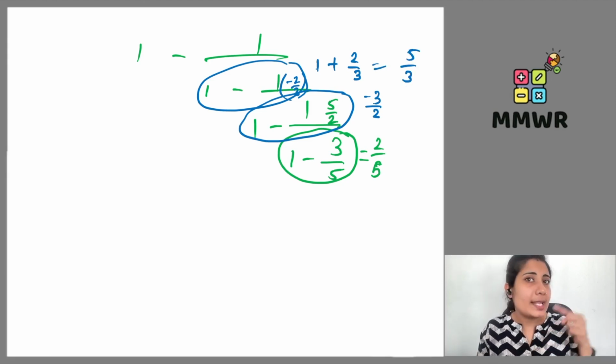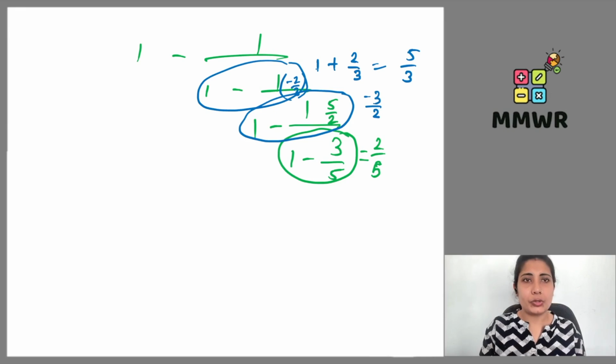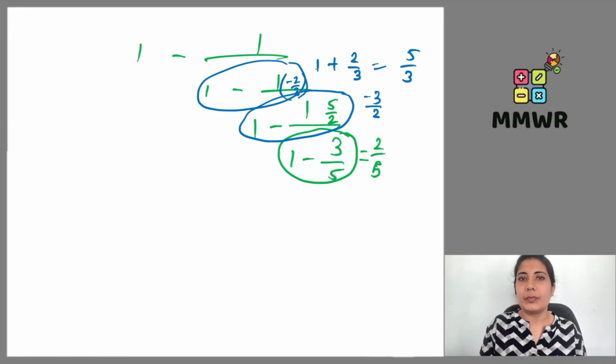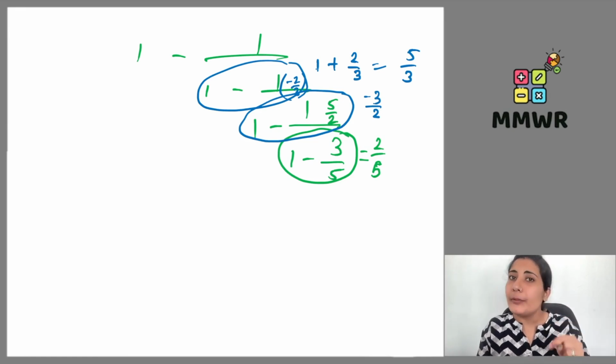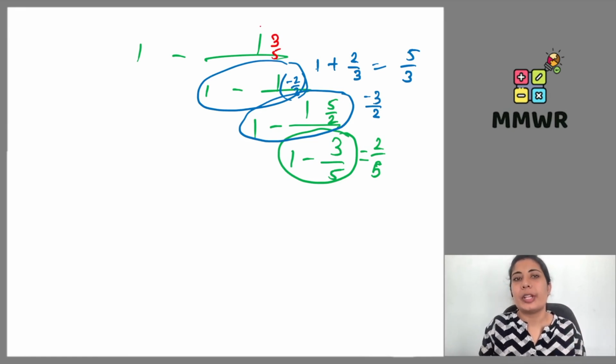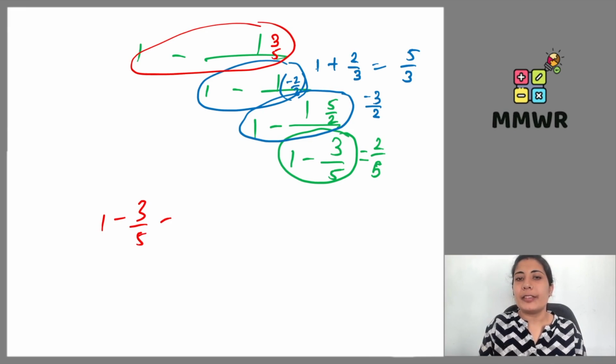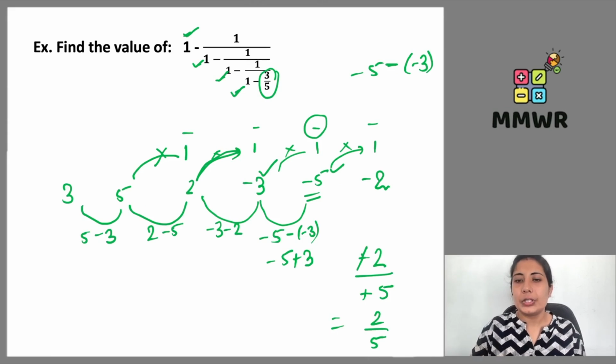But 5 upon 3 is in the denominator of 1. So 1 minus 1 upon 5 upon 3 will become 3 upon 5. So 1 minus 3 upon 5 will become 5 minus 3, 2 upon 5. Right? 2 upon 5 at the end we are getting.